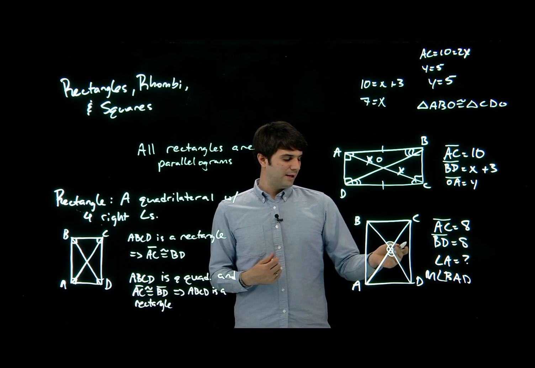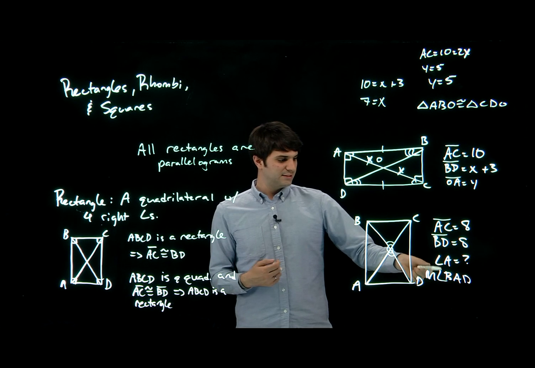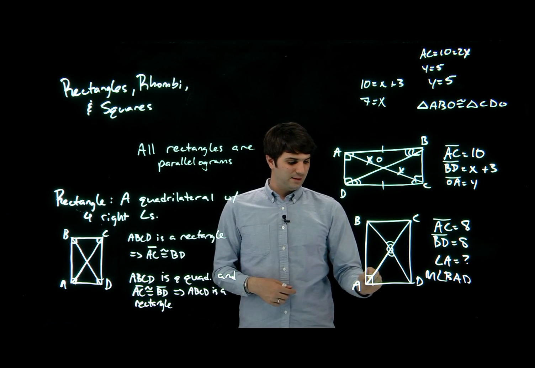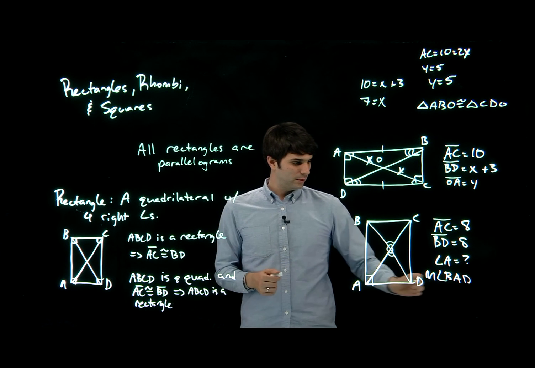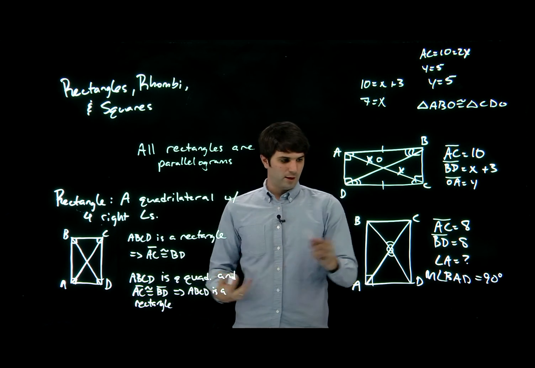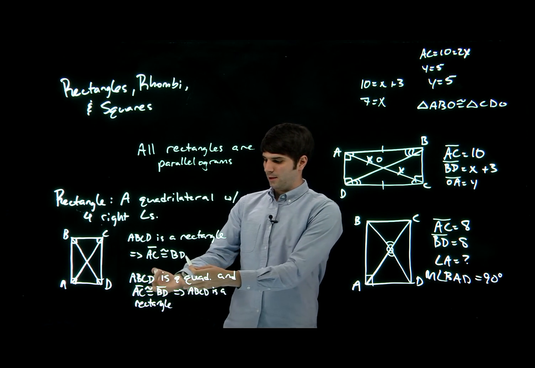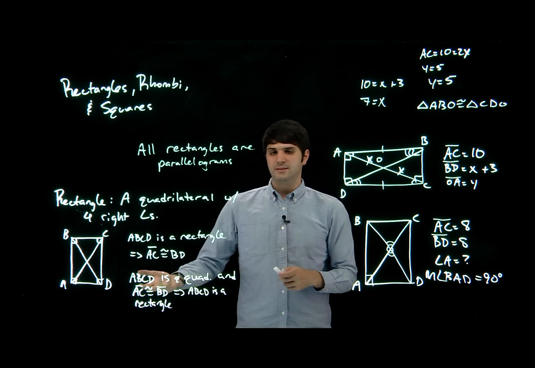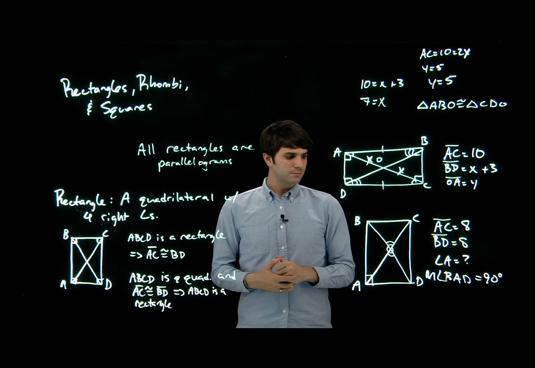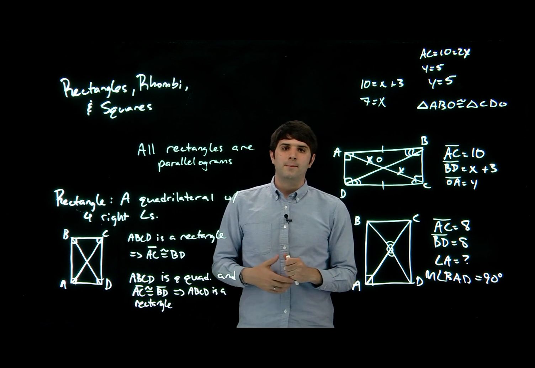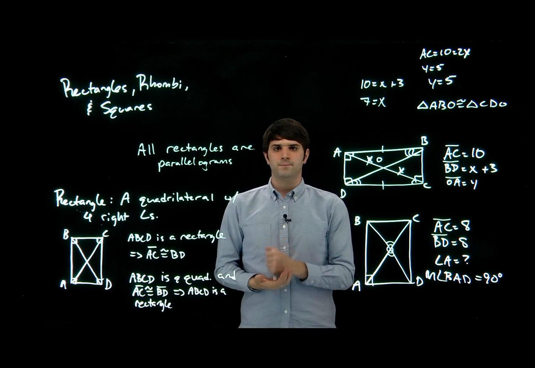So following from this theorem, this angle must be 90 degrees. And actually, all of these angles will be 90, because by this logic, ABCD will be a rectangle. So these are some of the properties in the definition of a rectangle. Next, we're going to look at rhombi and then go from there. Thanks for watching.